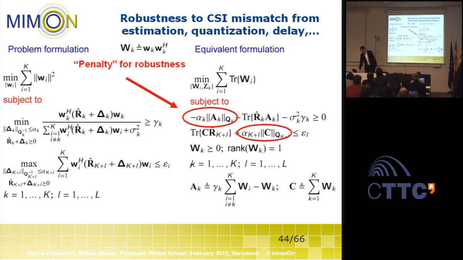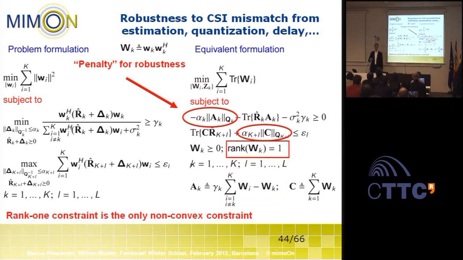If we analyze this problem further, we see that all constraints are convex, so this optimization problem can be easily solved with interior point software. However, there's one non-convex constraint, which is a rank 1 constraint for this matrix WK. And the idea that we use here is the semi-definite relaxation.